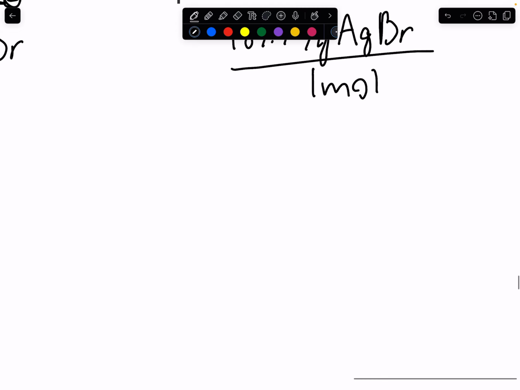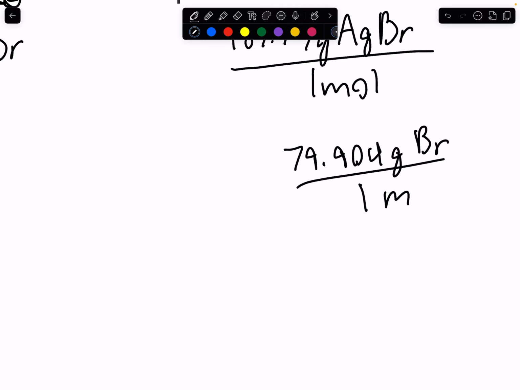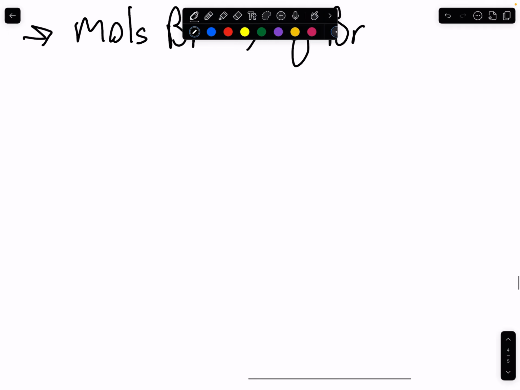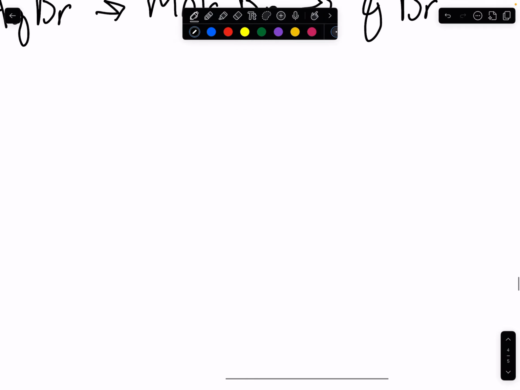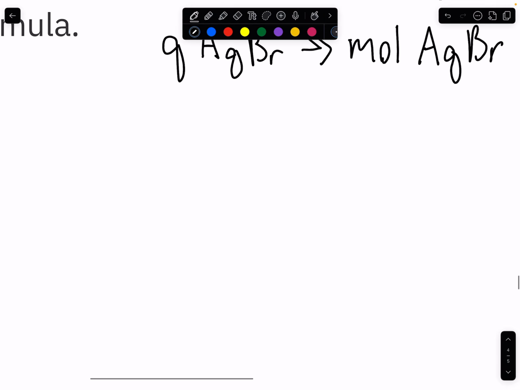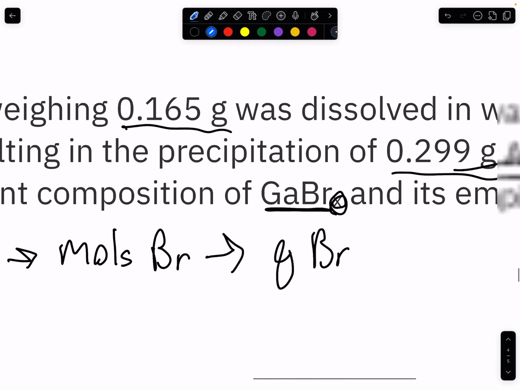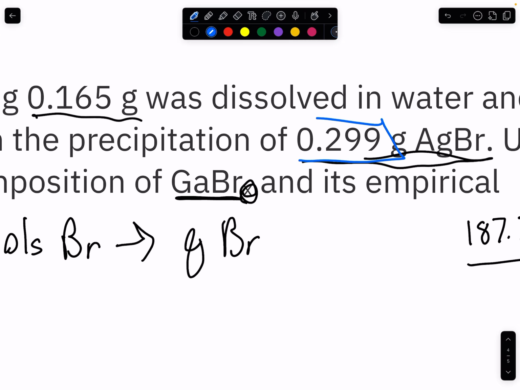And then I'm also going to say that the molar mass of bromide, which is 79.904 grams bromide, is in 1 mole of bromide. So we have our molar masses. Now we're going to start with this value right here, which is given right here.